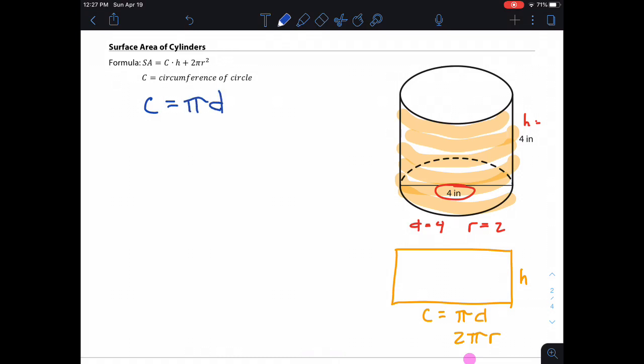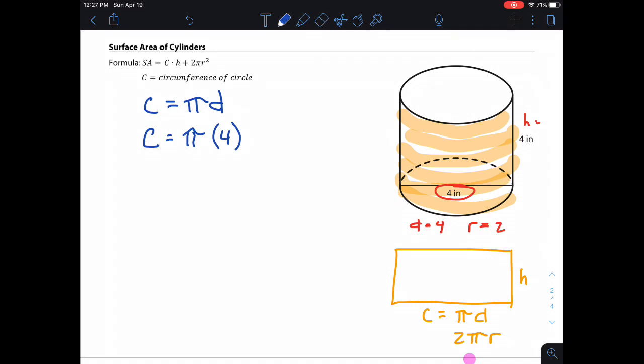And let's see, our d is 4. So we're going to say c is equal to pi times 4. And there's a note that I want to make here about pi. Now, if you use the pi button, it goes on forever. And so there's this really, really long decimal. And you're going to get a different answer than if you were to use 3.14.